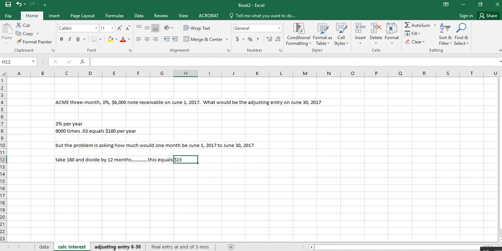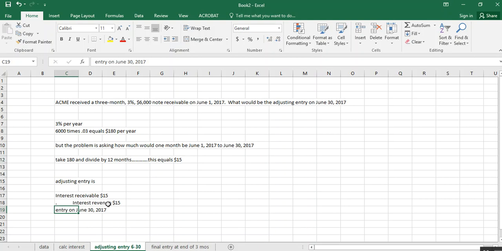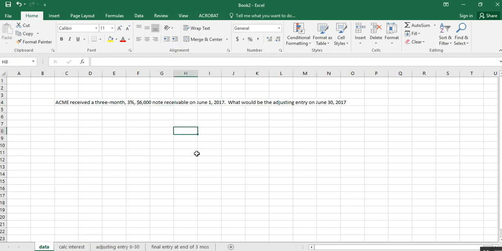So now the adjusting entry is pretty simple. You come over here, you are recognizing 1 month from June 1st to June 30th. Book a debit to interest receivable, because you're telling the outside world, not only do we have a notes receivable, right? Because back here we had, let me write it out, notes receivable, and cash.